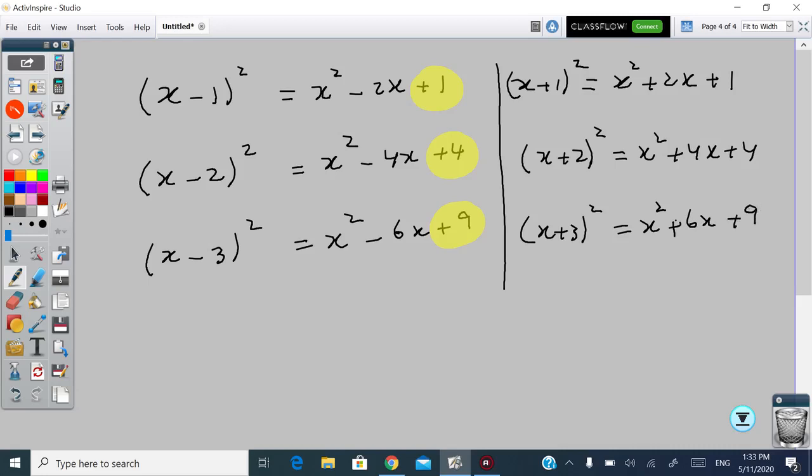So again, here the constant is a positive. And for you to have a perfect square on the left-hand side here, the constant must be positive in both cases. Now, what determines the sign inside the bracket here is this sign. It's a positive here, and it's a positive here.